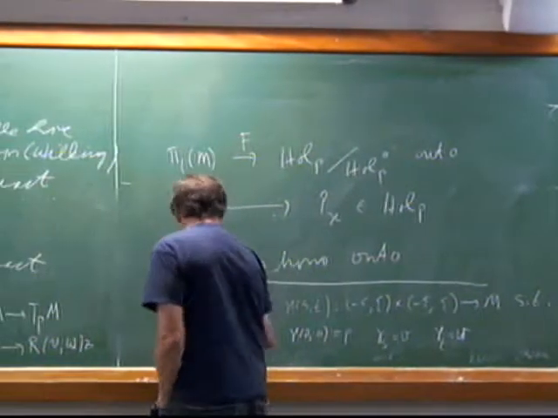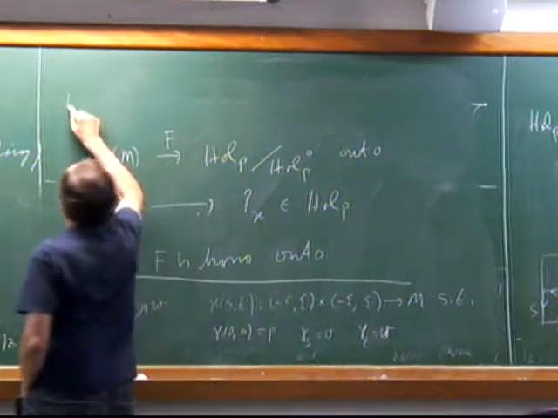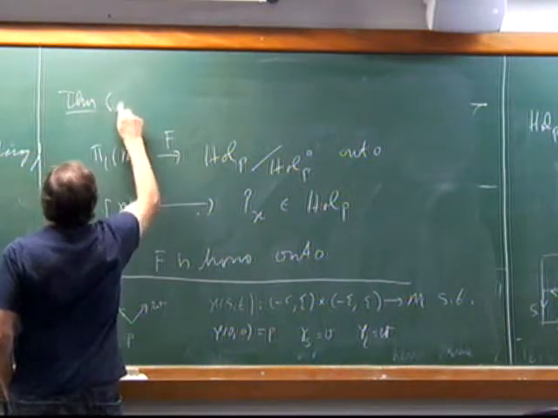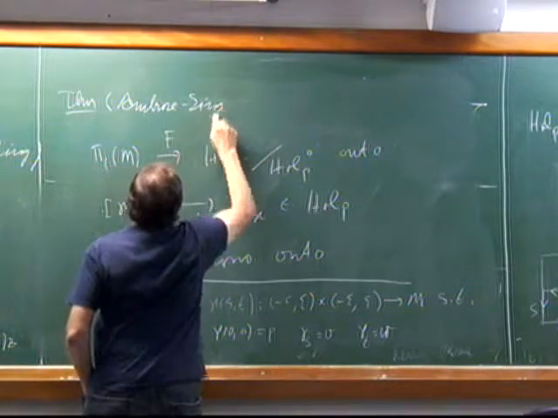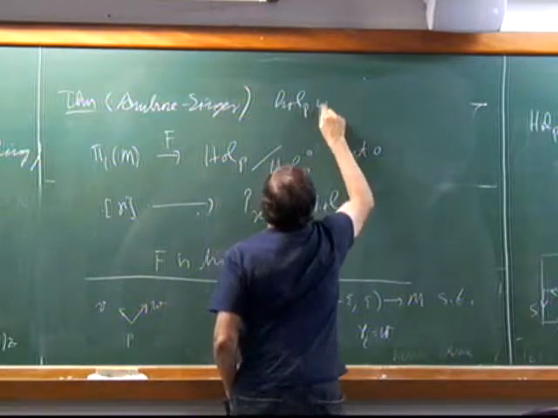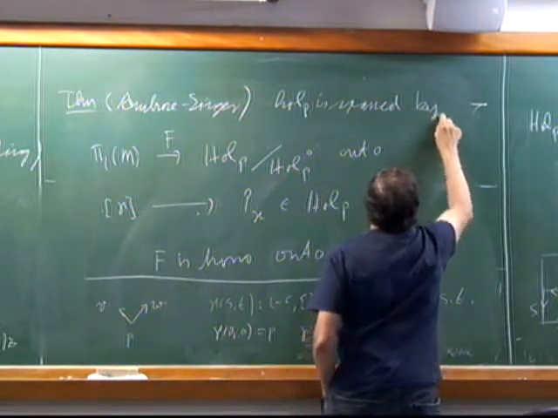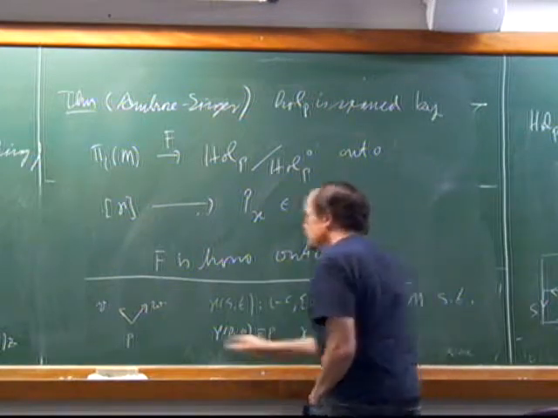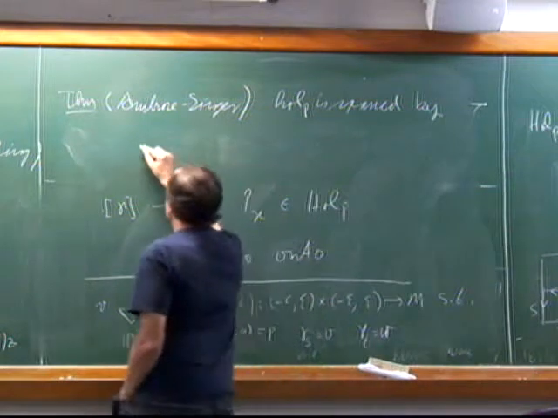An interesting theorem that describes the whole Lie algebra, due to Ambrose and Singer, which says that the Lie algebra of Hol_P is spanned by things of that form and covariant derivatives.